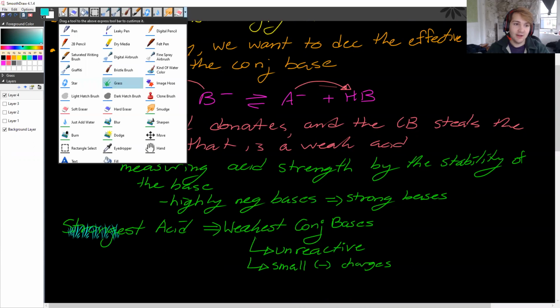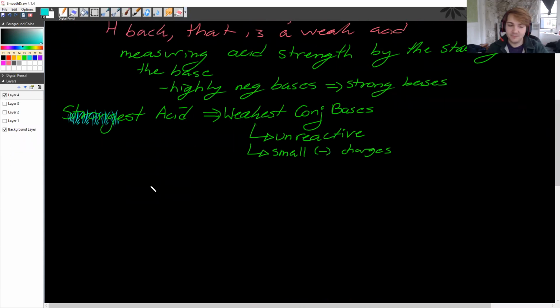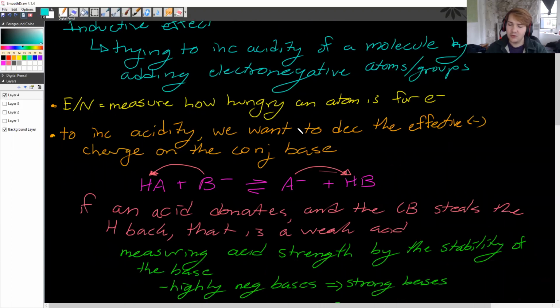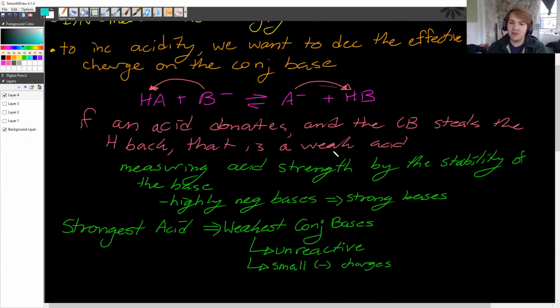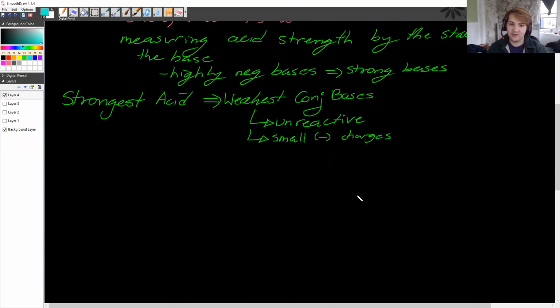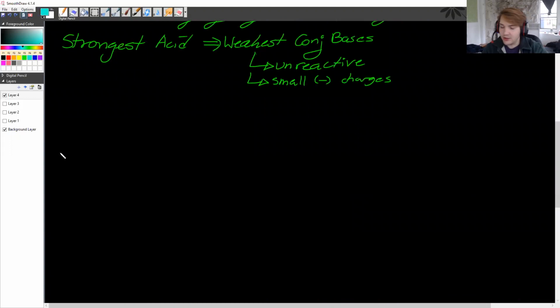Cool. So this is all well and good, but we started off talking about the inductive effect, right? And we originally said that we're trying to increase acidity by adding electronegative atoms, right? So what does this whole spiel that I talked about small negative charges have to do with this idea? Well, let's take a look.